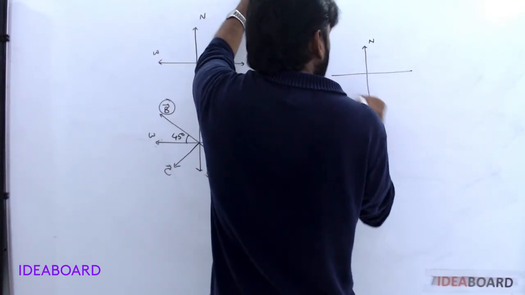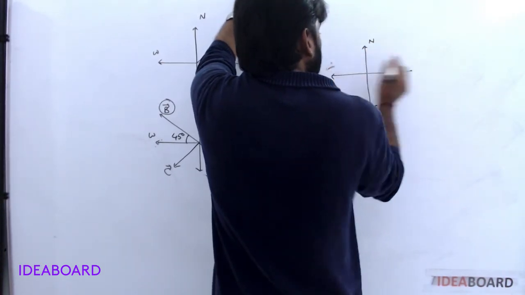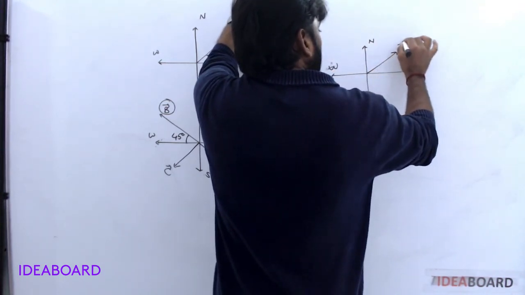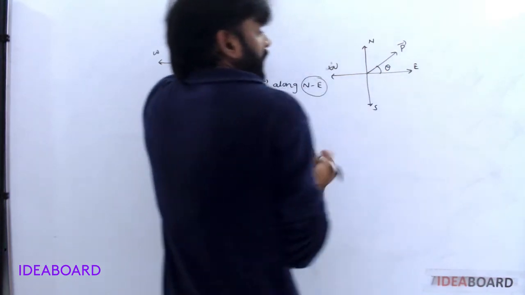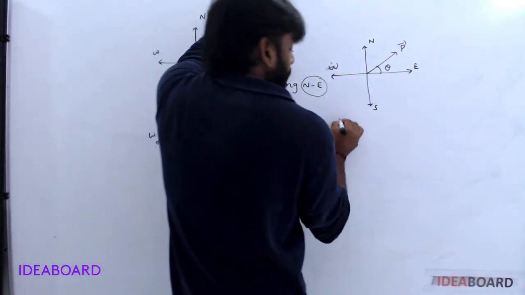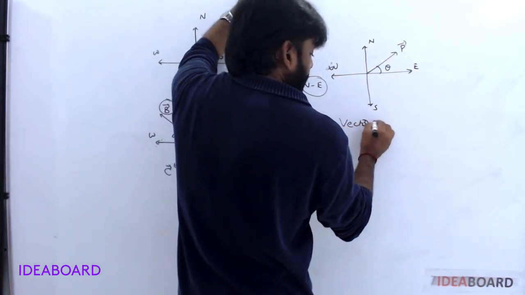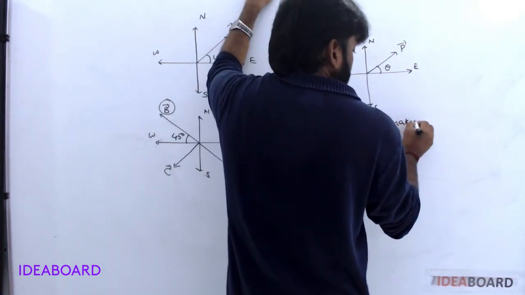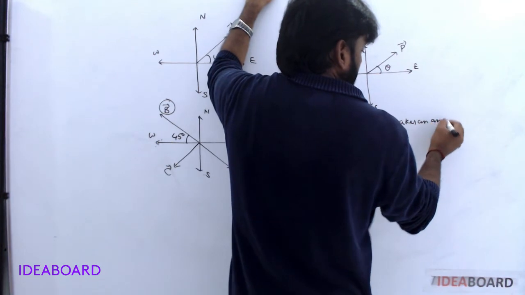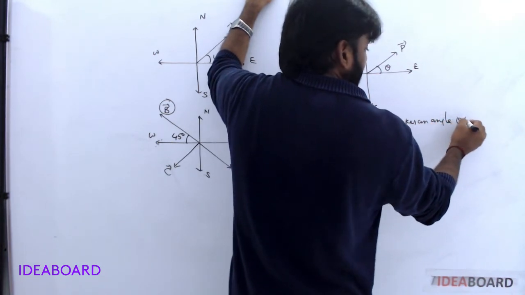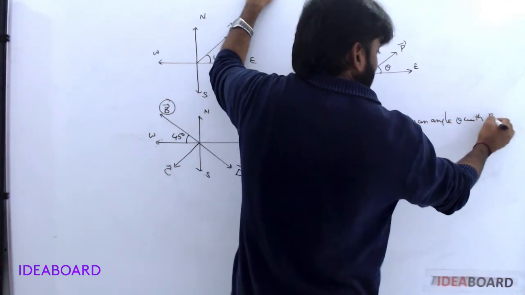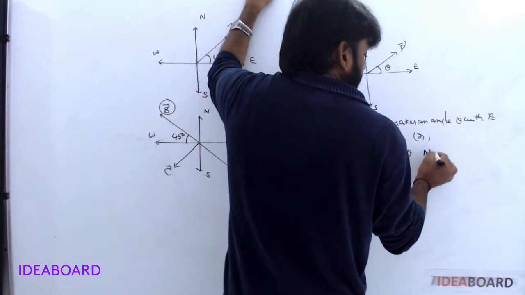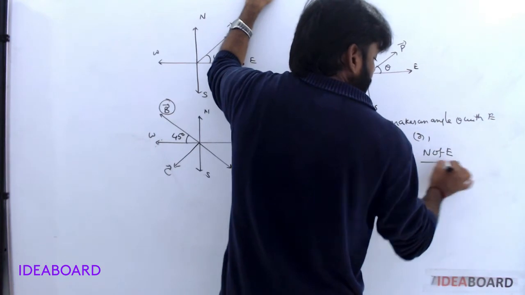North, south, east, west. One vector P bar at angle theta. How do you write this one? Vector P bar makes an angle theta with east, or simply theta north of east.